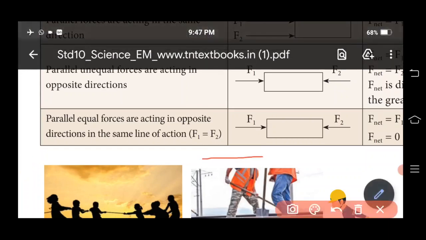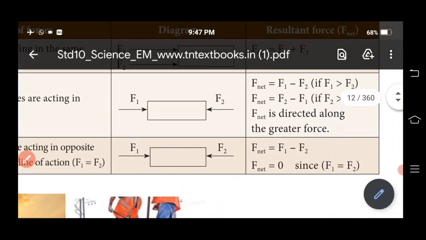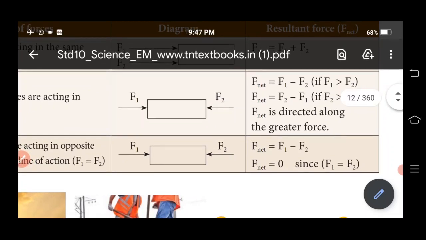See here, equal forces, F1 equal to F2. F1 force and F2 force are acting in opposite direction, but the arrow marks, nothing but magnitude, are equal.